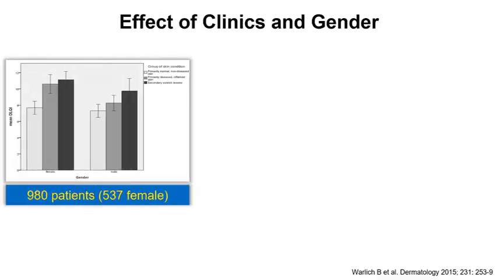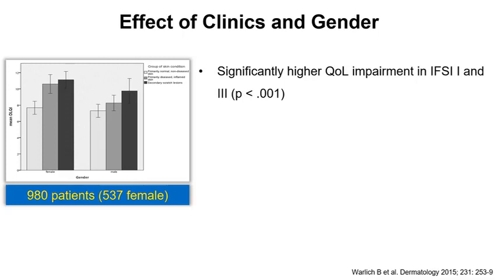But what influences the burden or the impairment of the quality of life next to the intensity? So we analyzed the patients by the group. And here you see that the patients with IFSI group 1, so dermatosis, or 3, chronic scratch lesions, have higher impairment of the quality of life compared to patients who do not have any skin lesions.